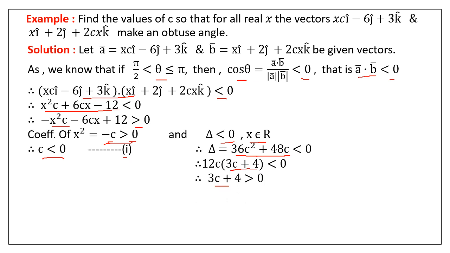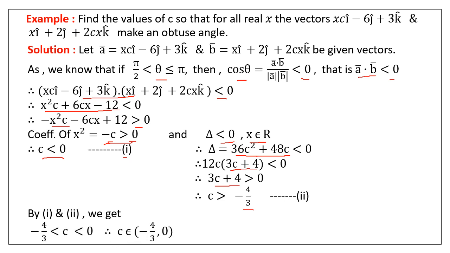Therefore 3c plus 4 is positive, which gives us c is greater than minus 4 by 3. Call it 2. So from 1 and 2 we get the values of c as minus 4 by 3 is less than c is less than 0. Therefore c belongs to the open interval (minus 4 by 3, 0). Hence we get the value of c.